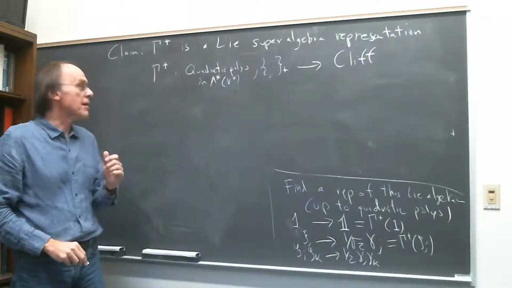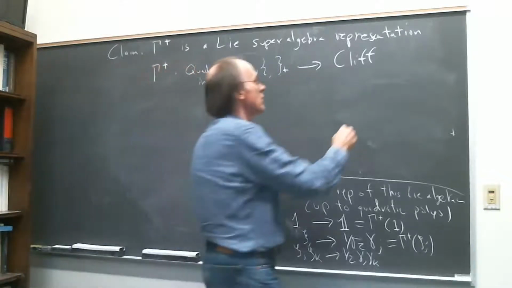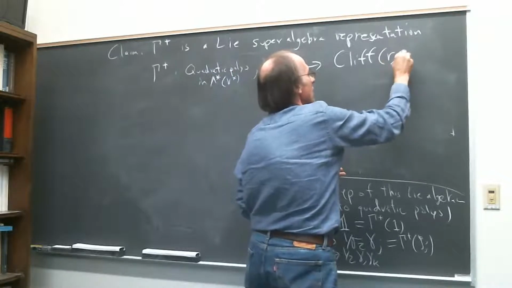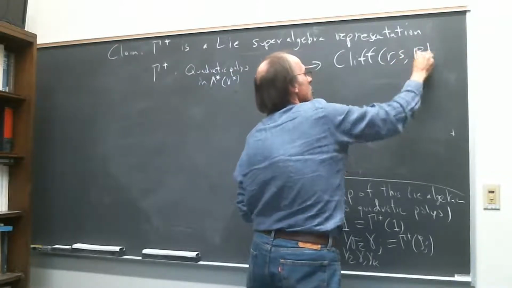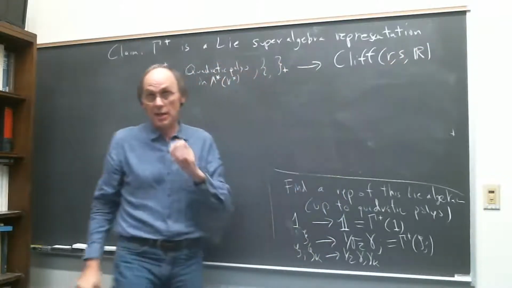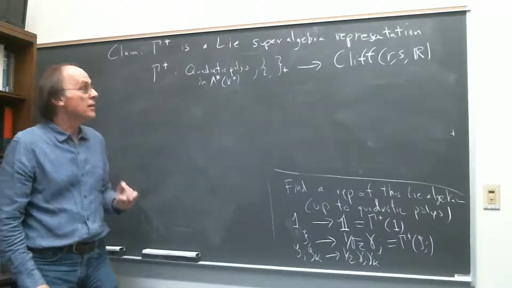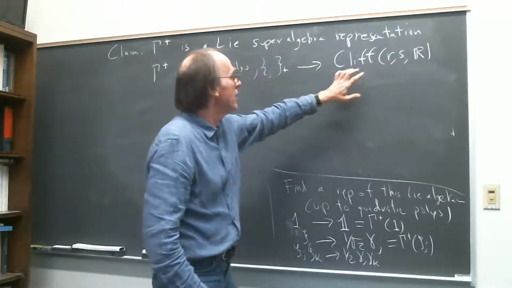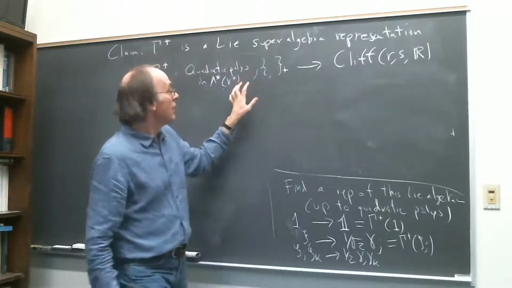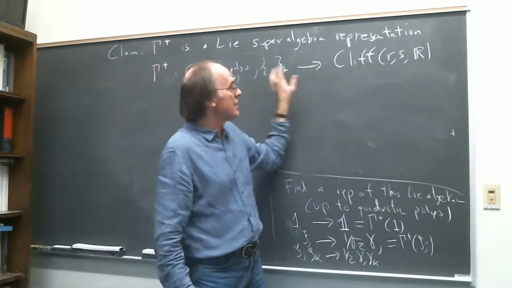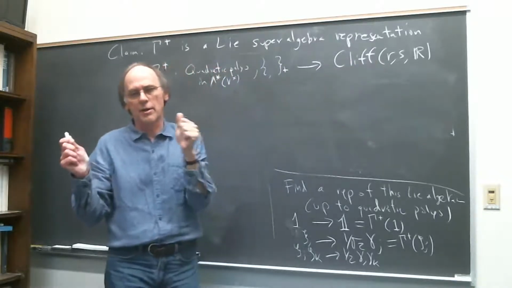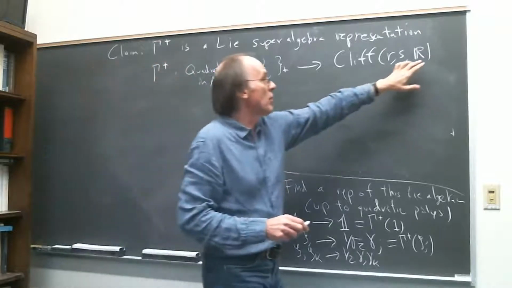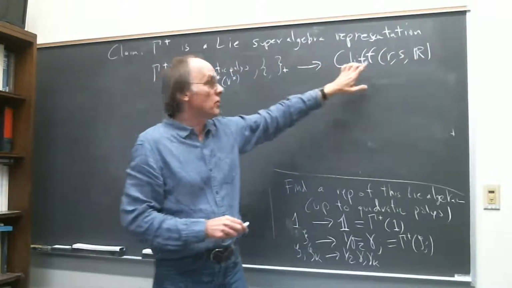And I should say, let's assume that we're doing this over the reals, with signature R, S, so there'll be R positive signs and S negative signs. And these things in the Clifford algebra I'm turning into also a super Lie algebra. So I need to tell you what the super Lie bracket is.